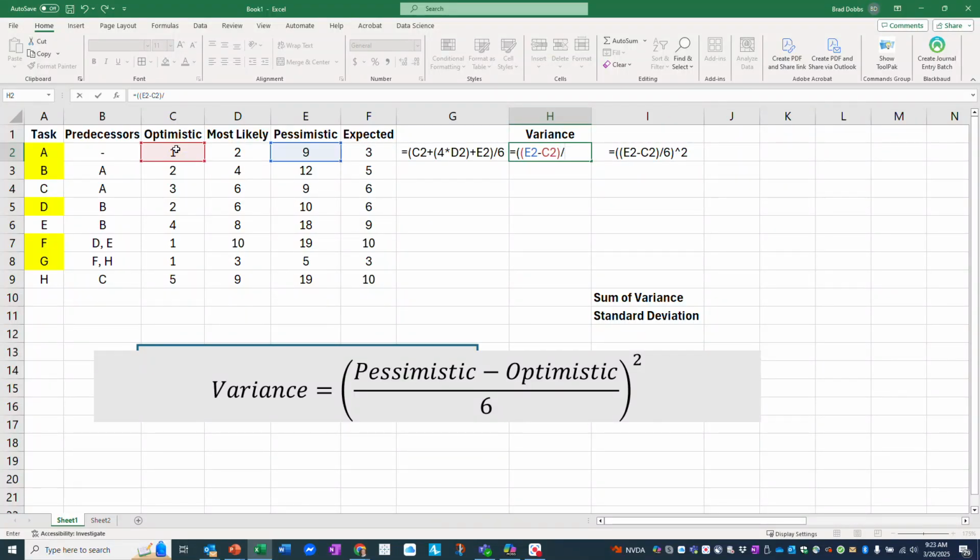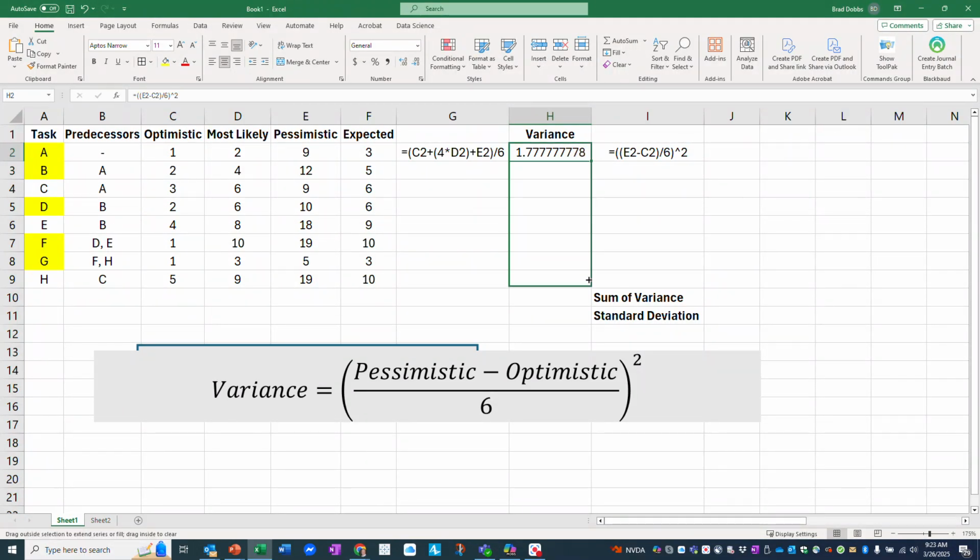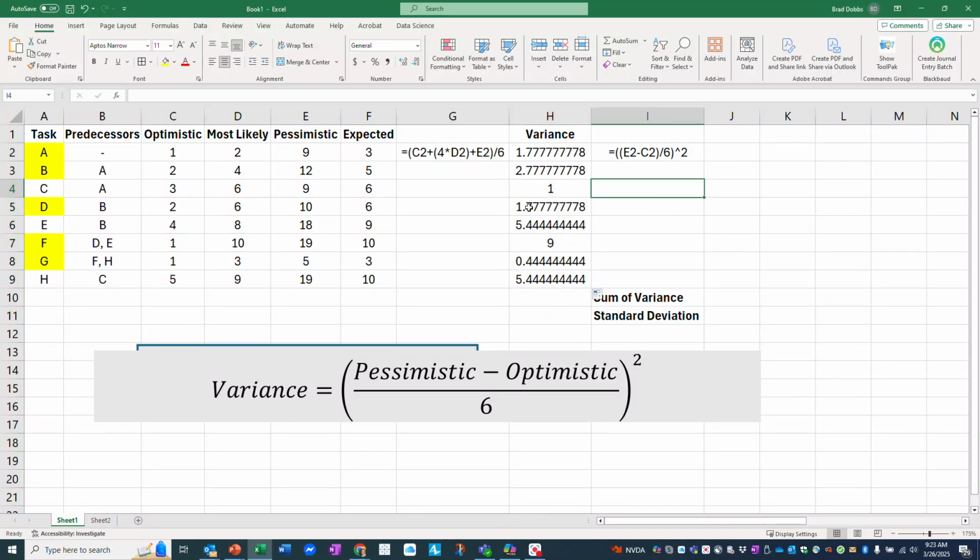We're going to divide that by 6, and we square that. If we weren't squaring that, that would give us our standard deviation, but that's not what we need at this time. All right, so then we have the variance, which is kind of a measure of risk. So the more variance, the more risk that task experiences.